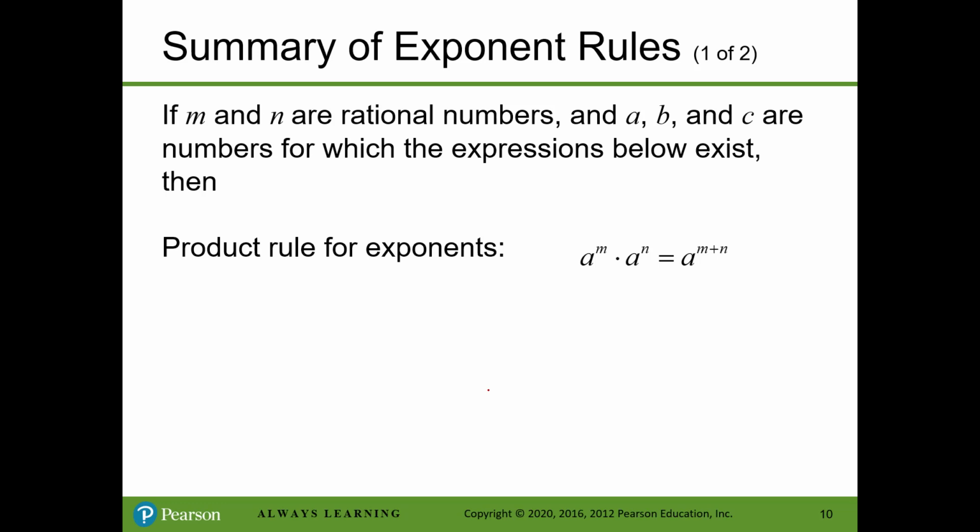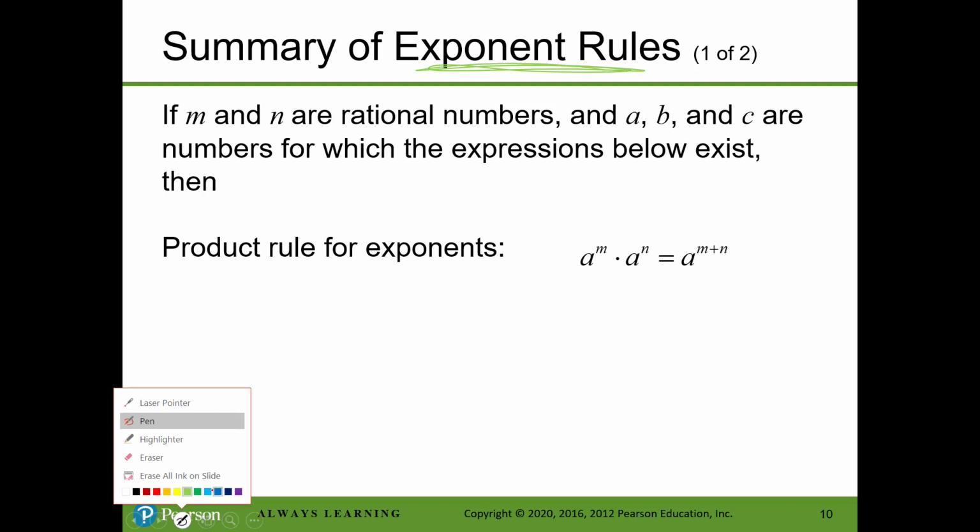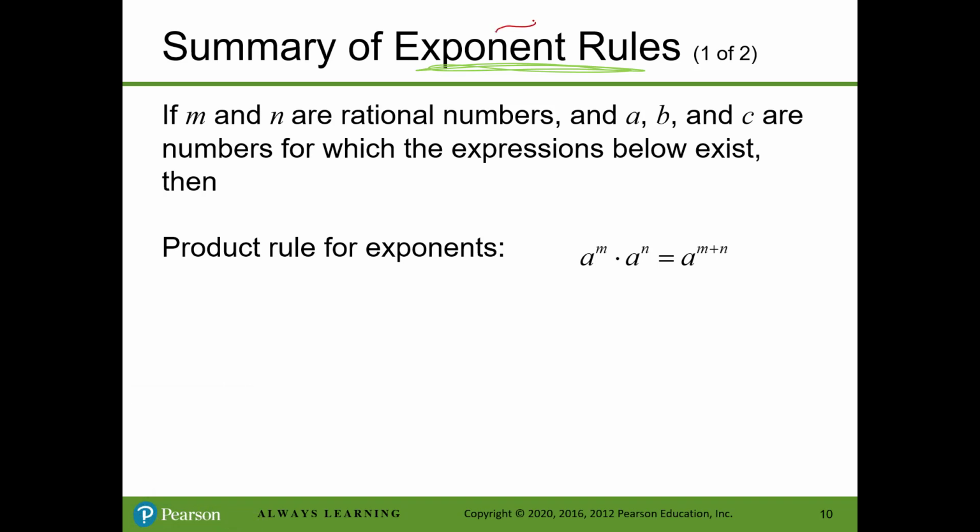Now, I am going to go over, with these next couple of slides, the rules of exponents, which you have done before. So this is really nothing new. The only thing you need to realize is that these exponents that we're going to be working with are now fractions. But that's okay. We know how to deal with fractions.